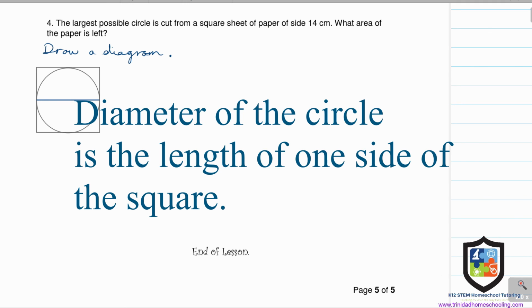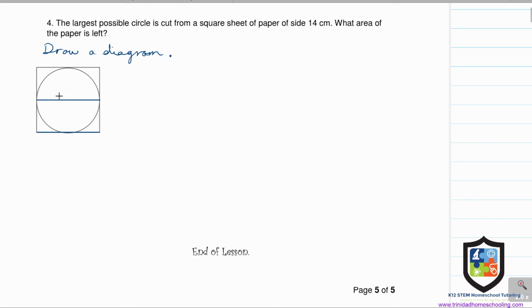And if you notice, it also makes up the entire length of the square. So our diameter is equal to the length of the side of the sheet of paper. Alright, so drawing a diagram helps.